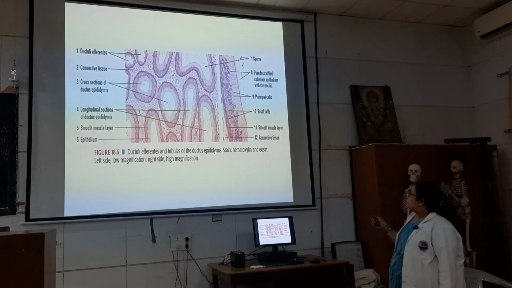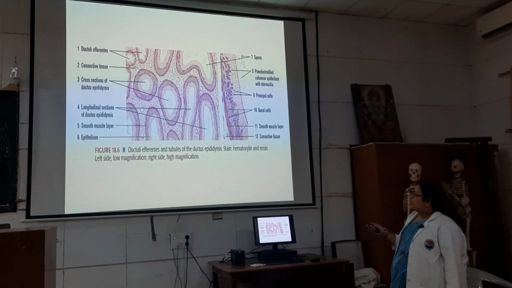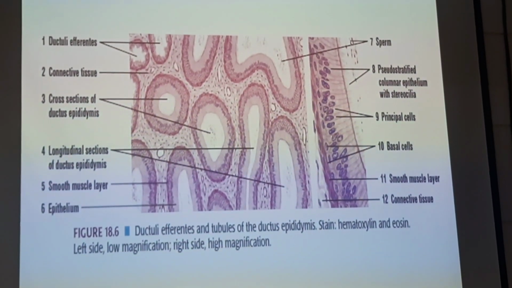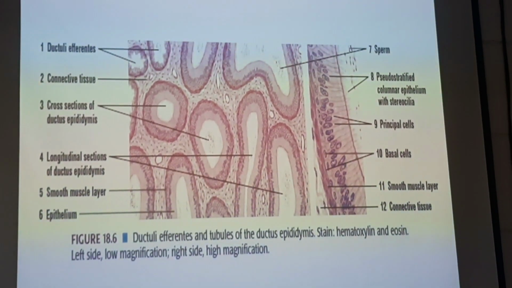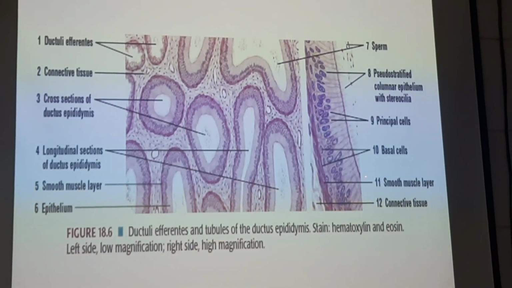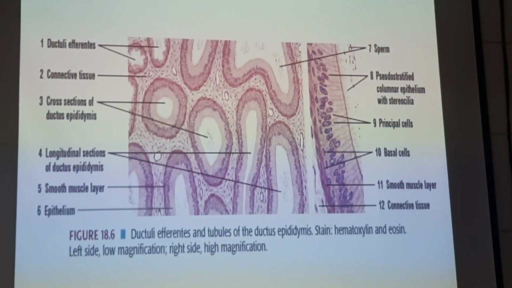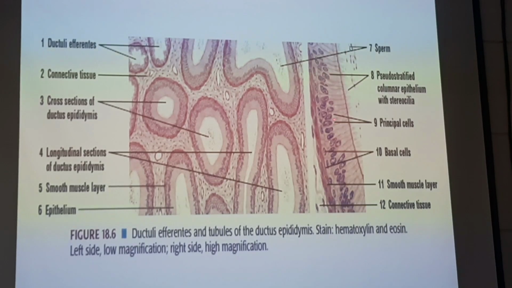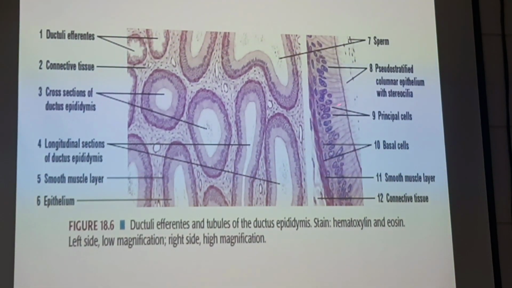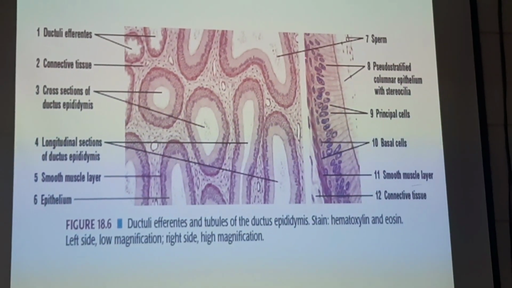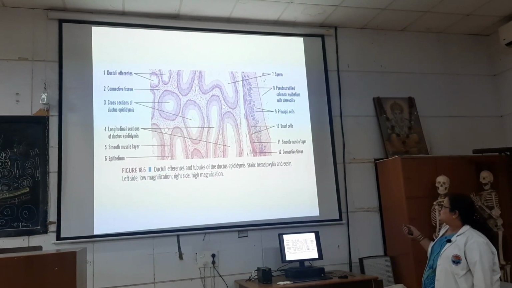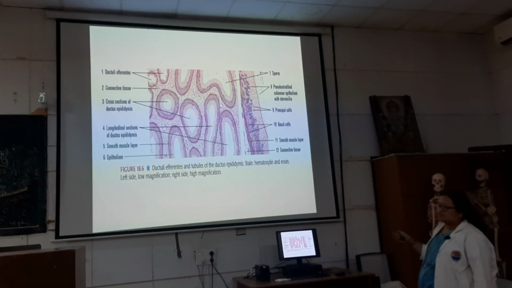The cilia present here are stereocilia, immotile, which absorb the testicular fluid and help in the transport of sperms. Here you see the principal cells, which are elongated cells, and the basal cells are towards the basement membrane. These two types of cells give a false stratification, so it is called pseudostratified columnar with stereocilia.